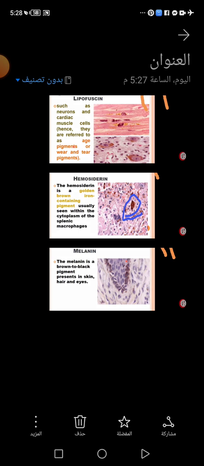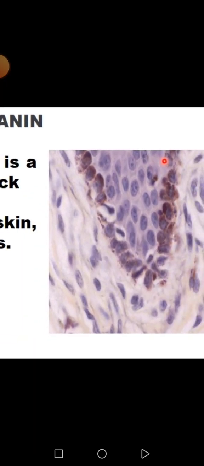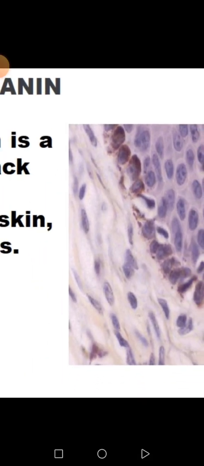Melanin is a brown to black pigment in our hair, skin and eyes. As you see, the ones that I magnified are the melanin. Those are the melanin, and this is the connective tissue. Those are the fibers seen, but I will explain about them later.